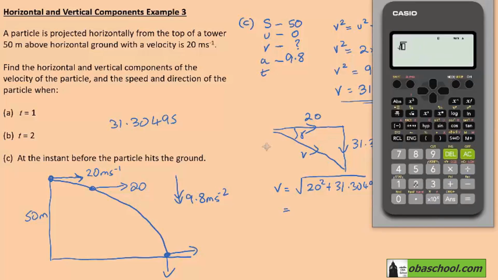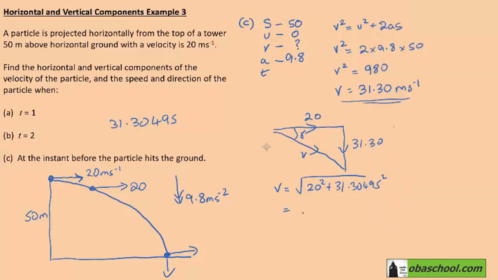So that's the square root of 20 squared, add my last answer squared, and that will give me 37.15 meters per second. And then gamma is going to be the inverse tangent of 31.30 and so on over 20.